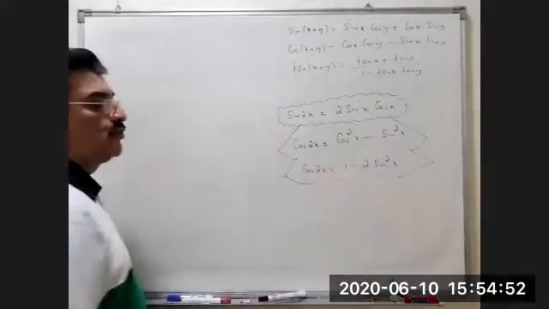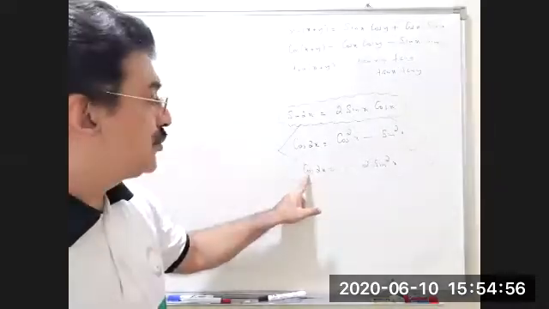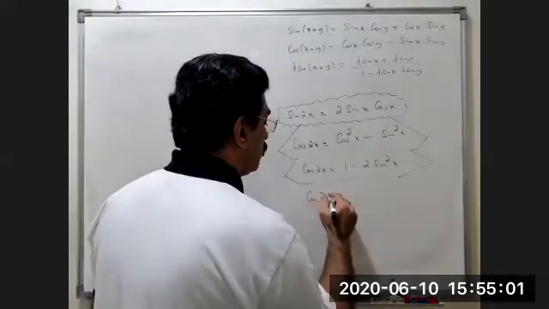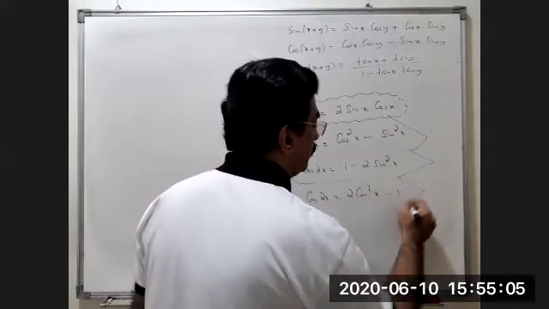So cos 2x is cos square x minus sin square x, or cos 2x is 1 minus 2 sin square x. Similarly, cos 2x is 2 cos square x minus 1.